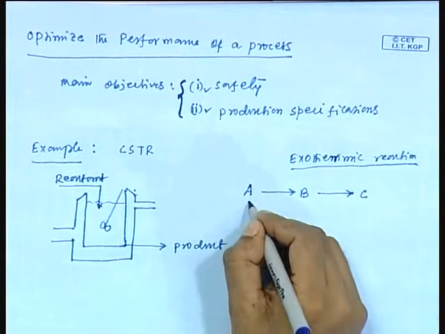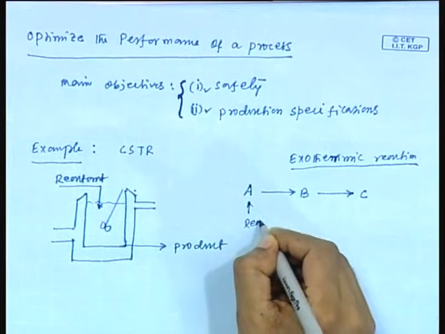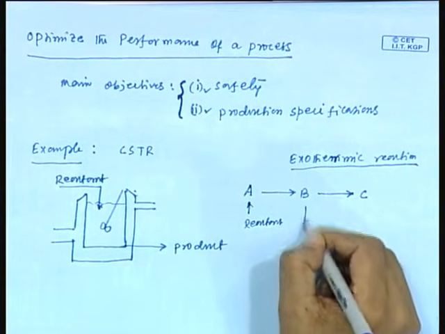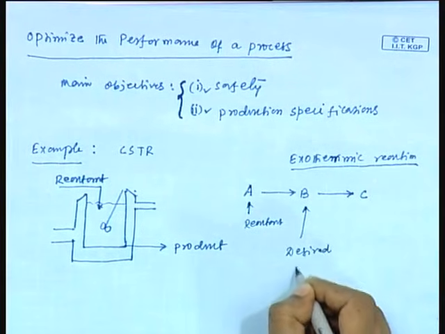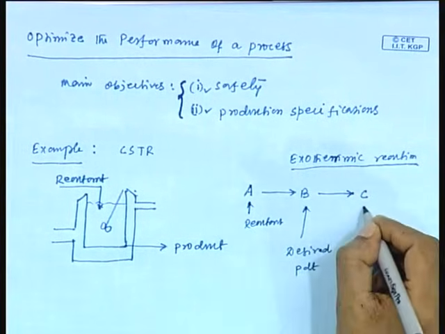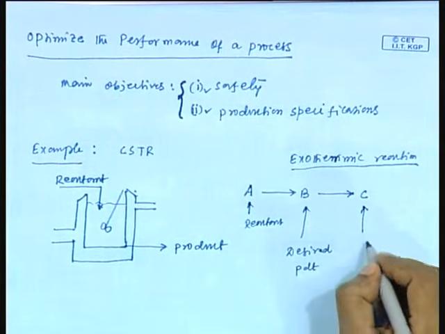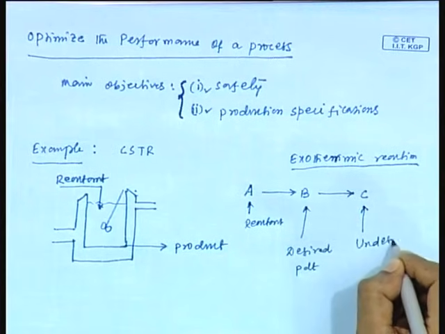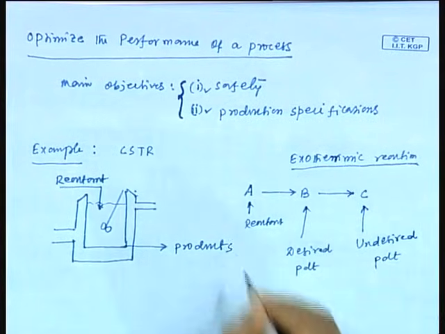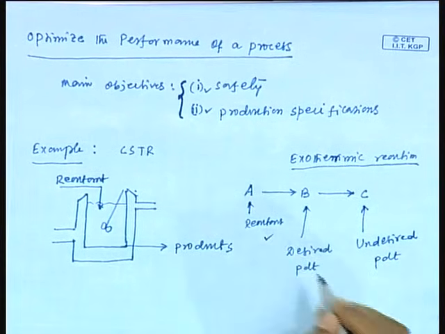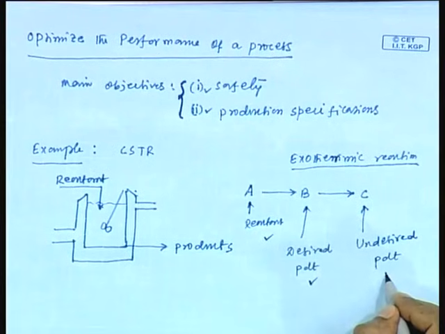A is the reactant, B is the desired product, and C is the undesired product.